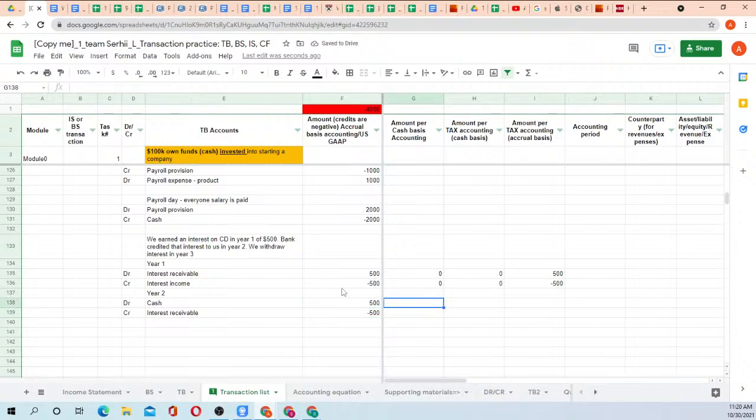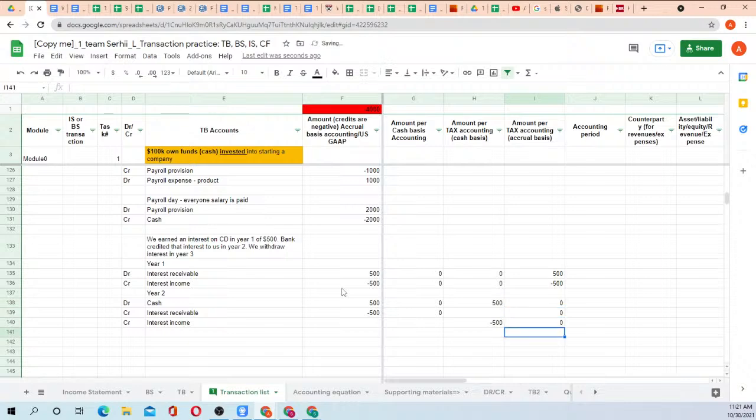Here, because we didn't withdraw that interest in cash accounting, we might not have reflected it yet. But in tax cash accounting, we recognize, and we have interest income here. So that is when we recognize that interest in tax basis.